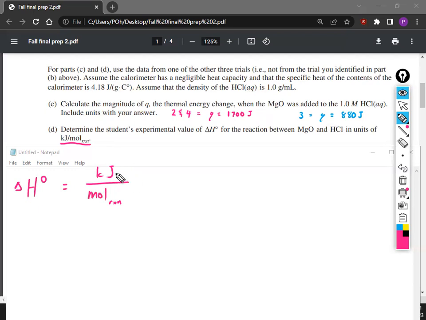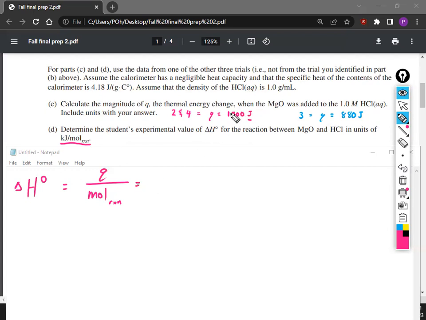Yeah, heat, exactly. Kilojoules, same thing as heat. Thank you. I'm not trying to trick you guys. Okay, so it's going to be the heat of the reaction, right? And then if you look at part C, that is where we calculated heat. So you should have noticed that our answer for C was joules, or kilojoules. And so we can plug it in for kilojoules up here.